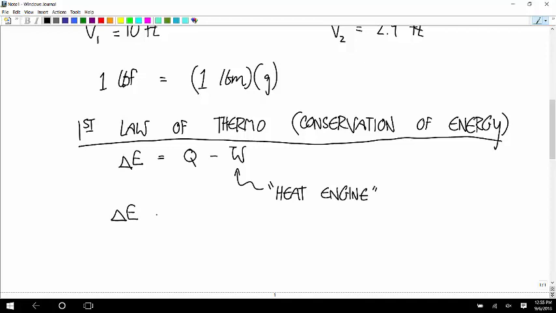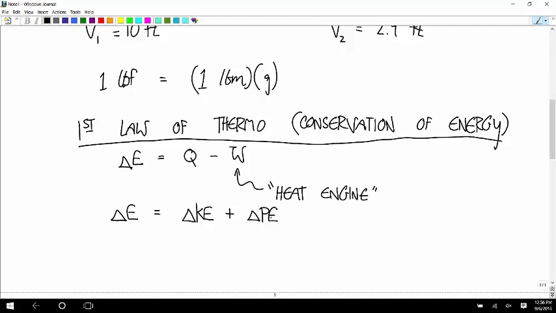The change in energy is equal to, so what are all the ways there can be energy in our system? There's the change in kinetic energy. Last time I was using that capital Z, but this will be a little more clear, I think. Change in kinetic energy plus the change in gravitational potential energy.